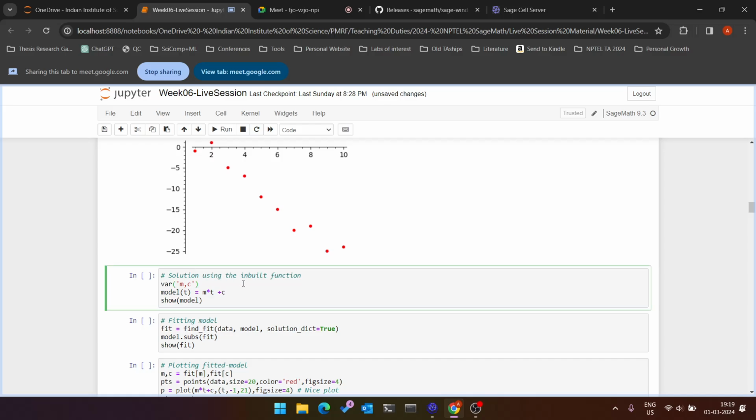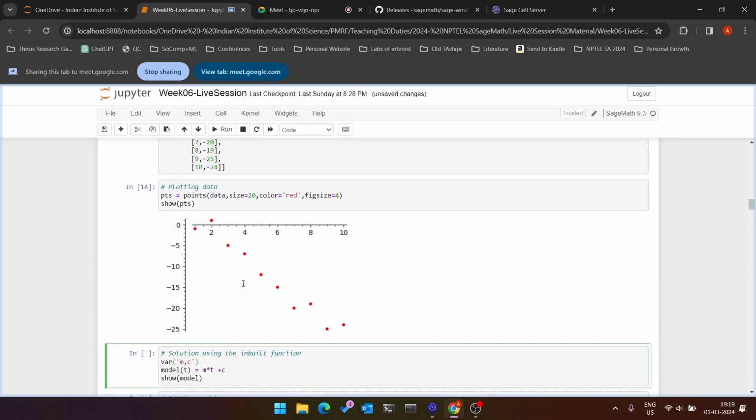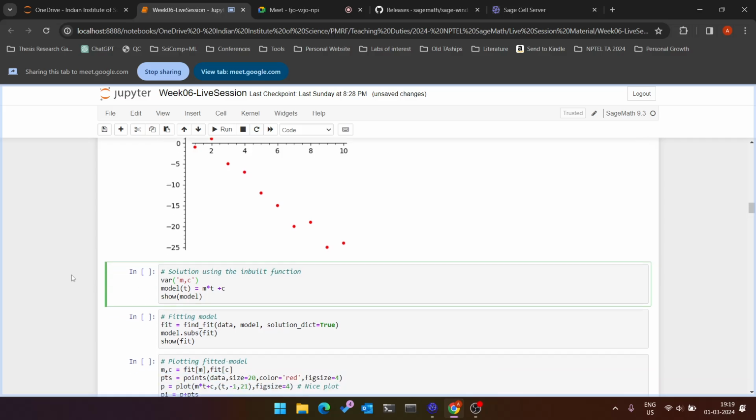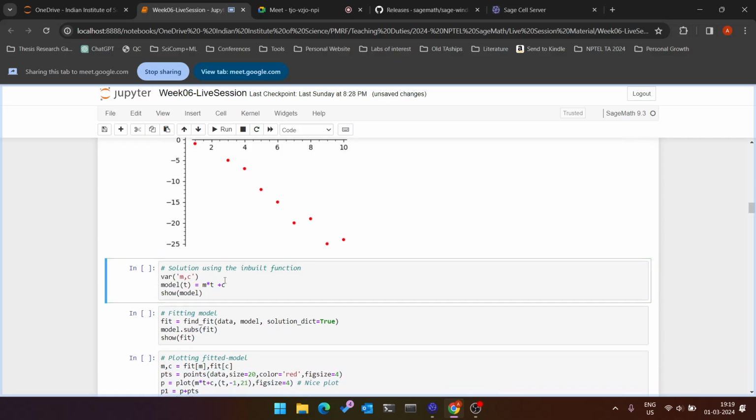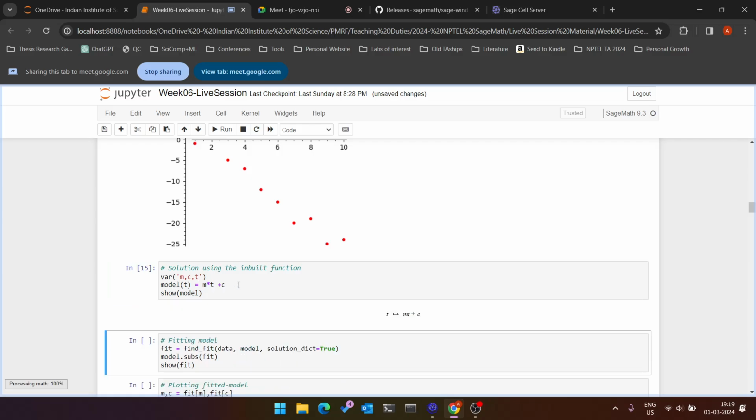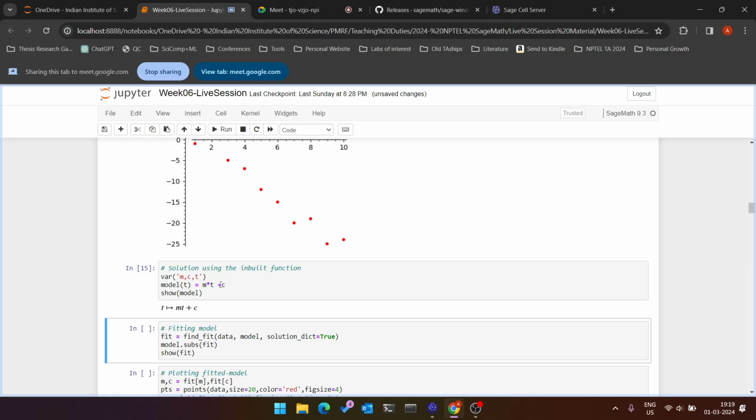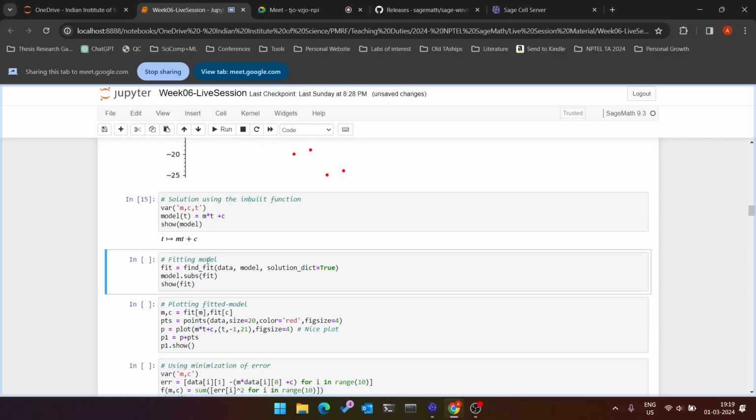So if I now look at what the solution looks like using the inbuilt function, I'll be doing the same process again. I'll be specifying my variables m, c, and t, and then I'll be defining my model of t as m into t plus c, which is basically an equation of a straight line. Next, I fit the model using the FindFit function.